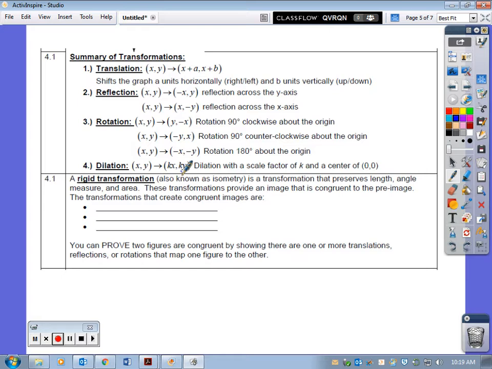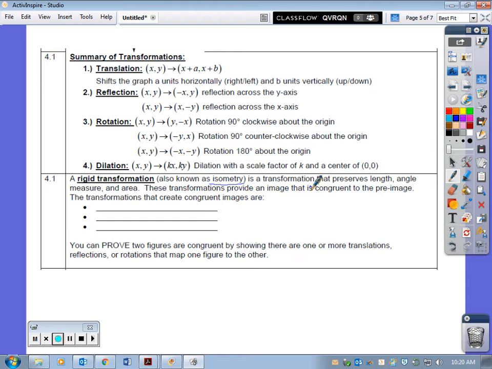So a rigid transformation is also called an isometry. Okay, an isometry. And that is a transformation that preserves length, angle measure, and area. In other words, it does not get any bigger or smaller. It stays the same size and it stays the same shape. These transformations provide an image that is congruent to the pre-image.